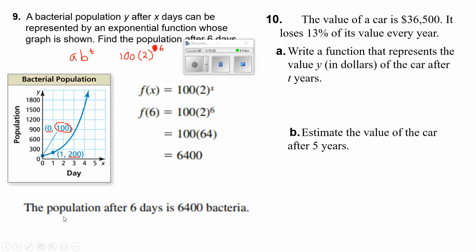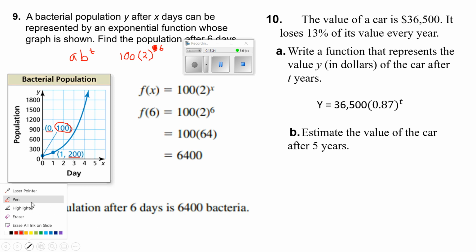So, oh, this was the population after 6 days was 6,400. There we go. 36,500. And now we're taking what they did here, what they left out, I'm going to show you, is this should have been y equals, this would have been 36,500, just like they got here.